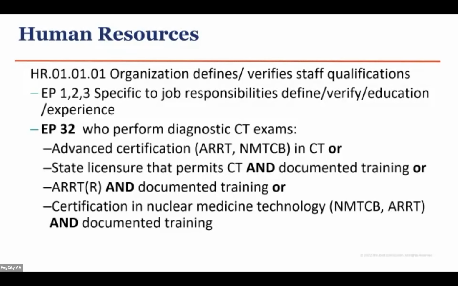Anyway, about less than a year later, we went ahead and changed that and said, wait a minute, we're going to allow some other ways for people to have the appropriate qualifications. And so, yep, you can still have advanced certification, or you can be state licensed in radiography that allows performance in CT, or you can be ARRT and have documented training.